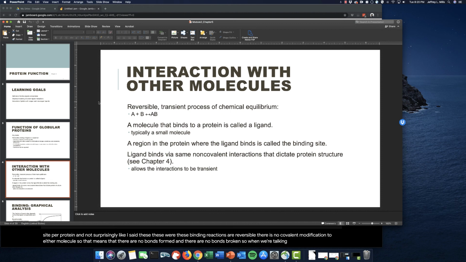So when we're talking about these interactions, we're talking about the same four non-covalent interactions that dictated how protein structure came to be in the previous chapters, right? So we're talking about the hydrophobic effect, ionic interactions, hydrogen bonds, dipole-dipole interactions, and van der Waals forces.